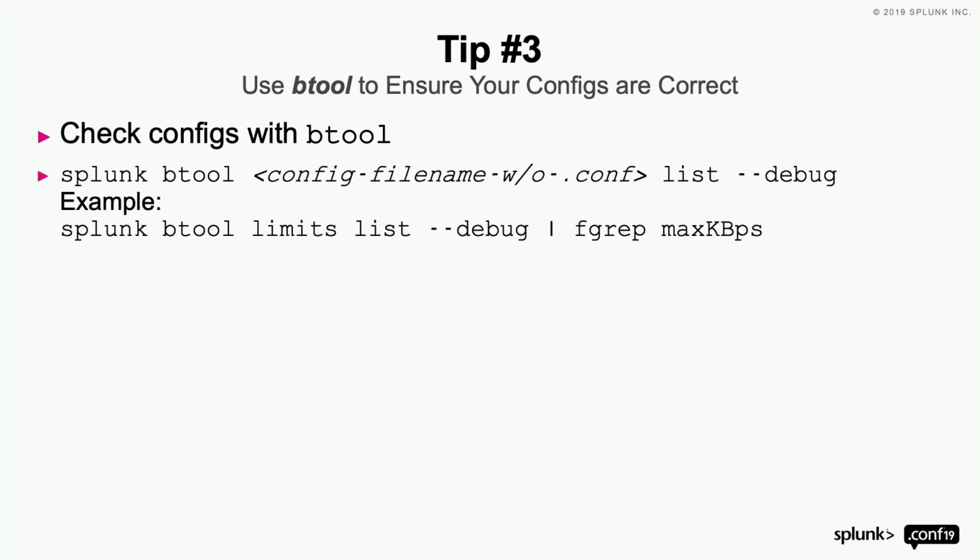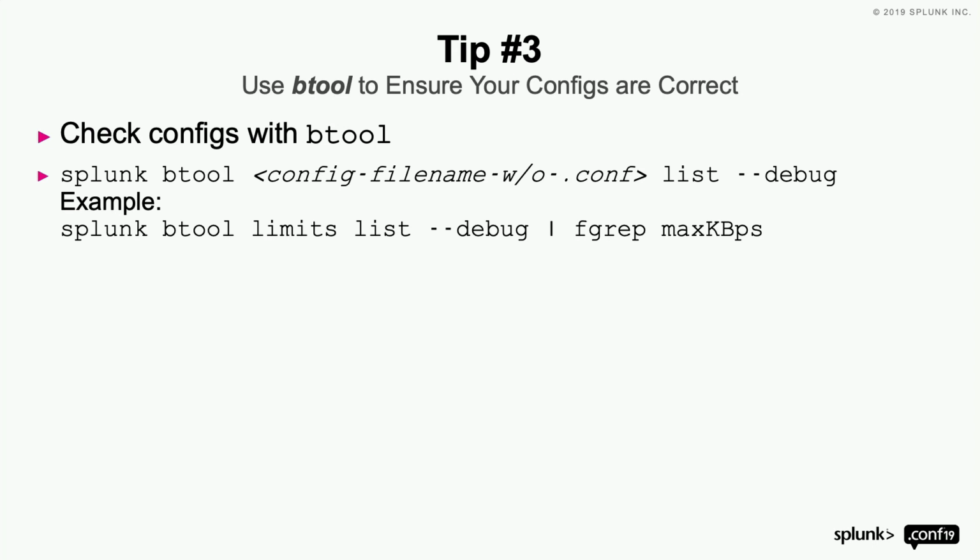The way that you could use btool is you do splunk btool, and then a configuration file, like limits. You don't use limits.conf, you just use limits. And then list. That's going to list everything that it sees that it's going to use from all of your configuration files. The --debug that's there tells you which file it's found in. So that can be a real clue as well.